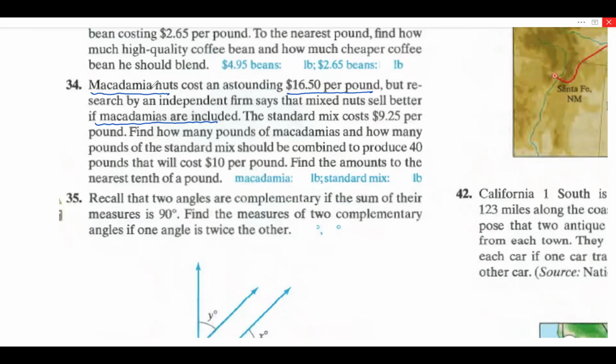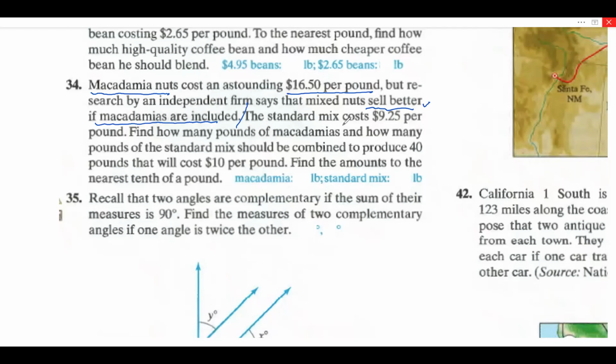So these nuts are $16.5 per pound, and a company mixes them together with something else to get a better price and sell better. We don't know anything about the rest yet; we only know this is $16.5 per pound.